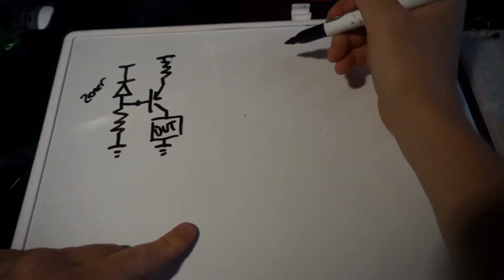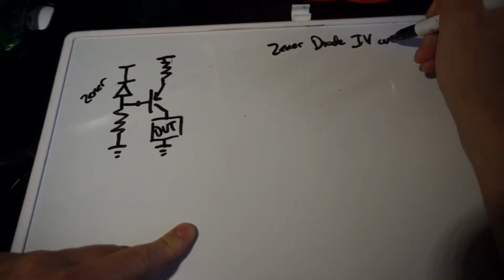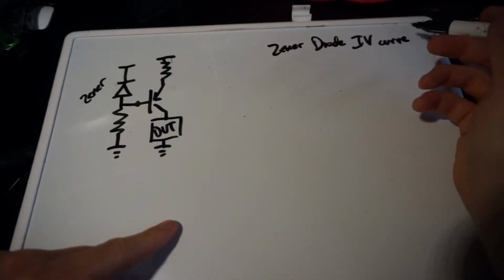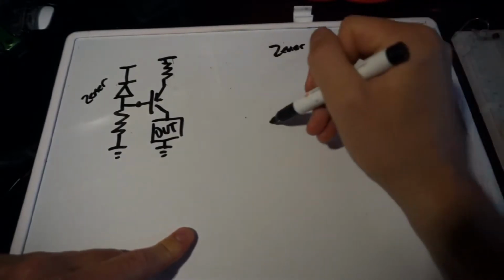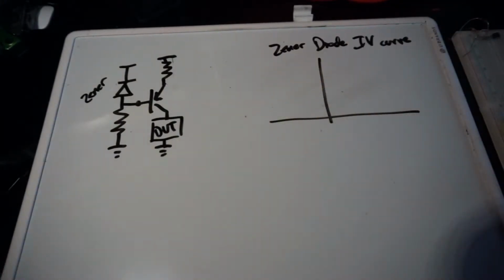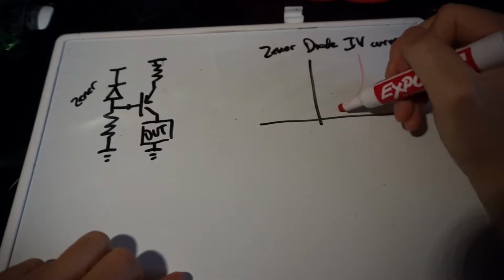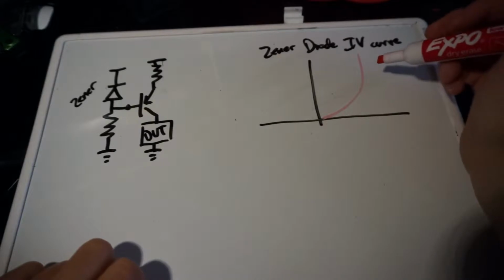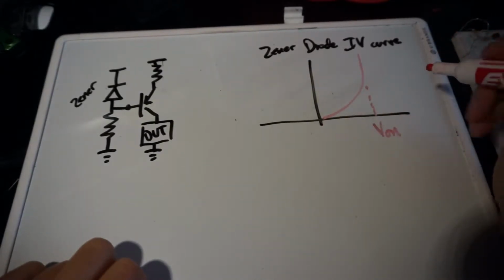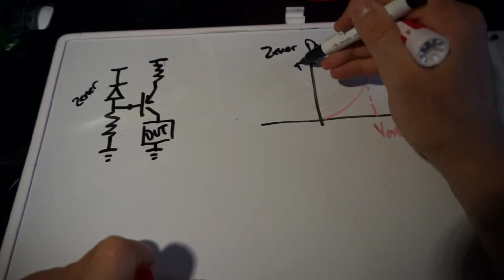Okay, so a quick recap of the Zener diode IV curve, which we talked about, IV curves of diodes, in the previous video. But the Zener is different than your typical diode because its characteristics do look similar to what we saw for just a regular silicon diode. This is the volts versus current IV curve.